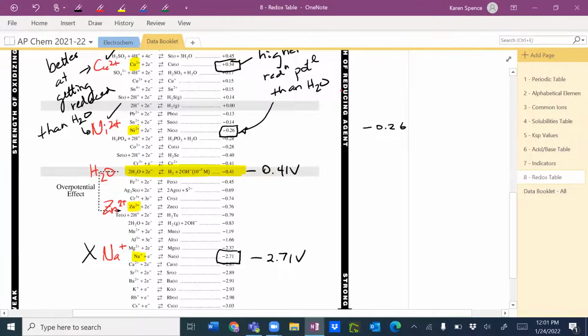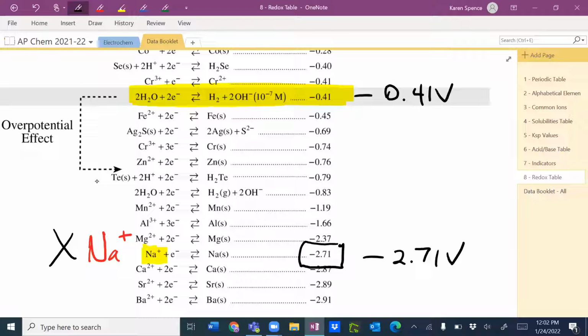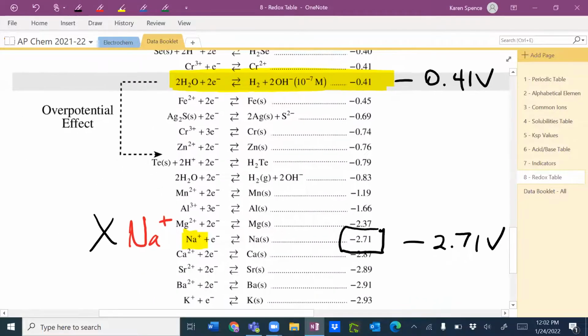Now, when it comes to zinc, I did not stress this with you. I don't think I put it in the workbook. This overpotential, did we talk about the overpotential effect at all? I feel like we did not. We did. Okay. I believe that you do not need the overpotential effect for the AP exam. It was in the videos. Okay, good, so you have heard of it.